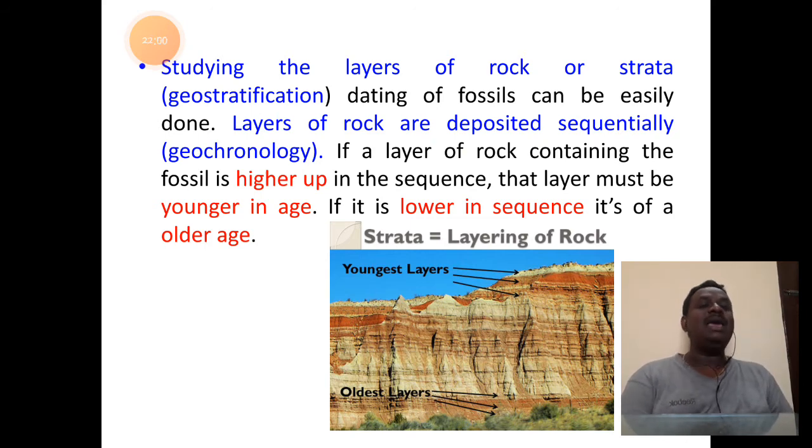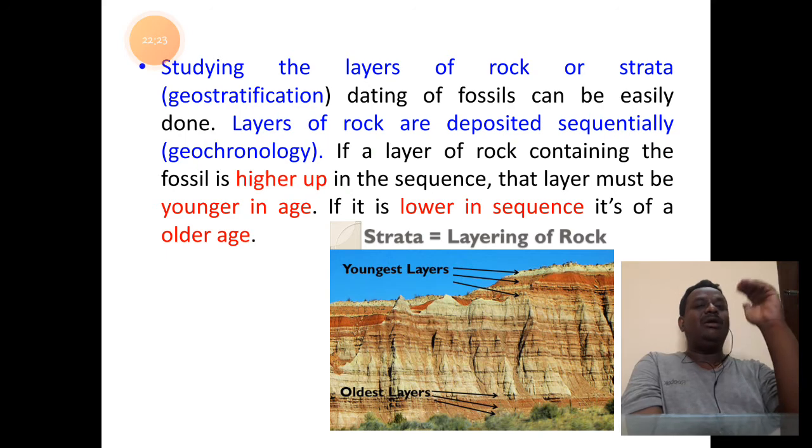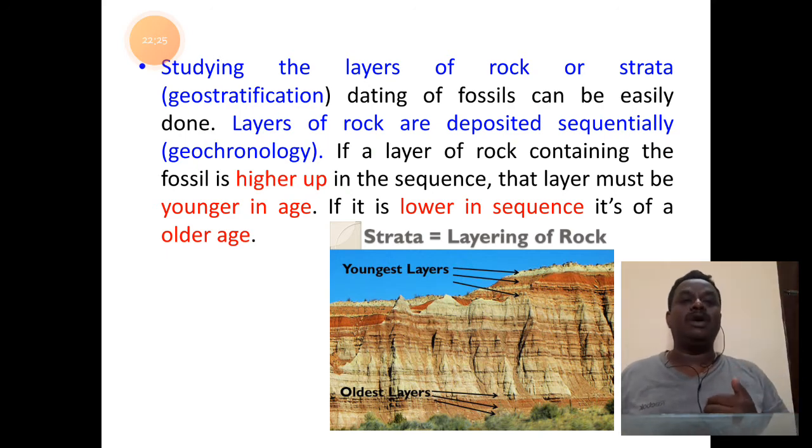It's a good method of dating fossils by these particular layers, if we know the age of those layers. And layers of the rocks are also deposited sequentially. So there is a time period for the layers also, there is an age for the layers also. This sequential layering of the earth, we call geochronology.